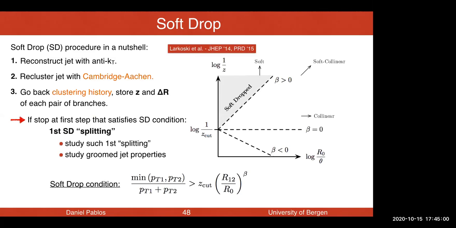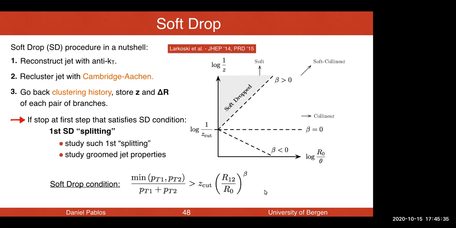People do this in order to gain access to perturbative aspects of the shower, because in a jet there's a lot of soft hadrons that are just contamination to some of the physics you might be interested in. So by looking at these steps in the clustering shower and by imposing some condition on them, whether you reject them or study them, you are actually selecting different regions of the phase space of a jet.